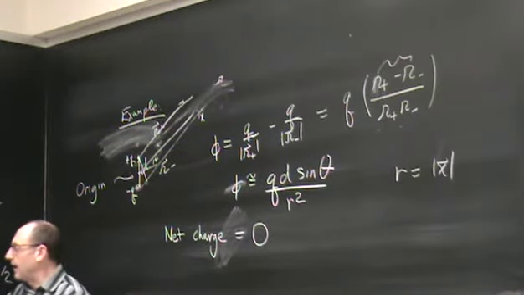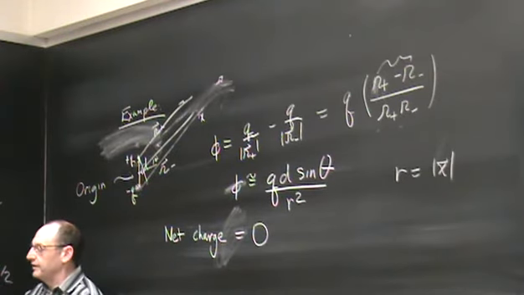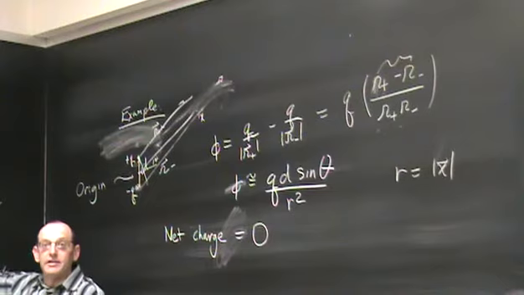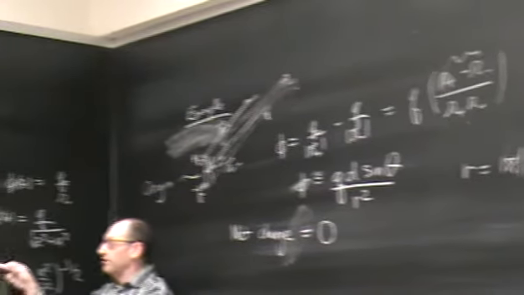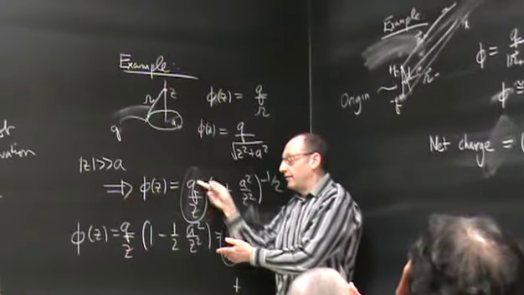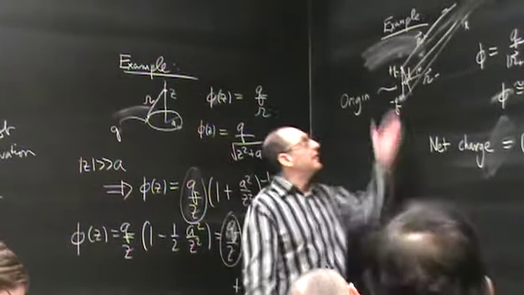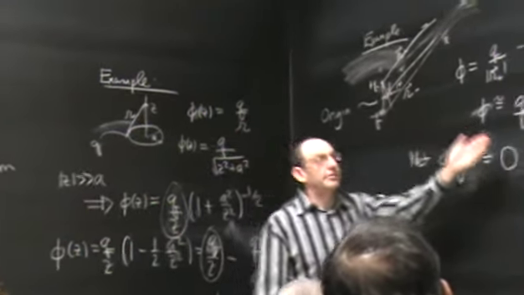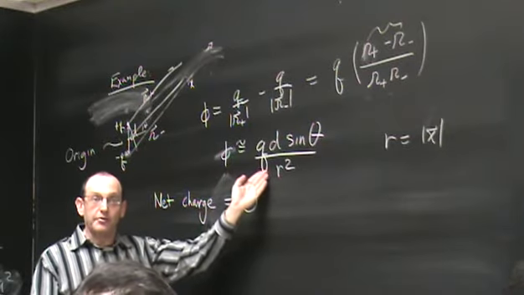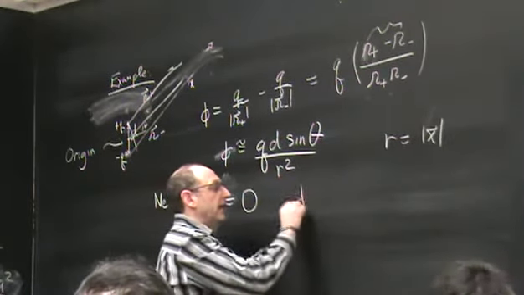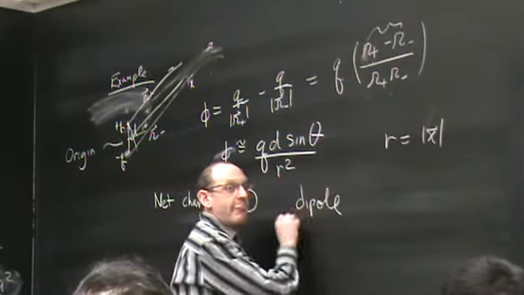In the previous case, the dominant term falls off like 1 over the distance because there was net charge, and if I have a net charge, then it looks like a point charge. That's the dominant term, and it falls off like 1 over the distance. But here the net charge was 0, and what we see is the potential falling off like 1 over r squared. This, of course, you recognize as an electric dipole.